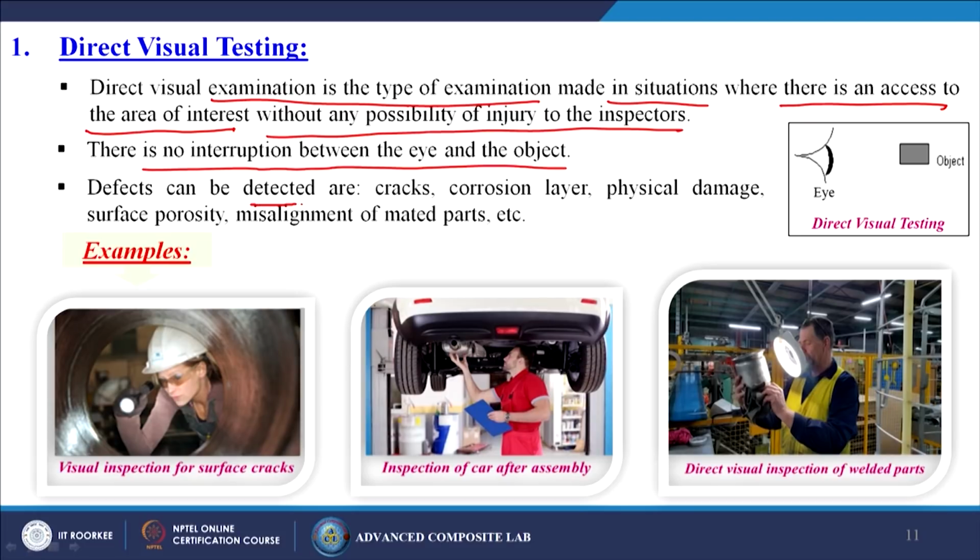Defects that can be detected are cracks, corrosion layers, physical damage, surface porosity, misalignment of mated parts, etc. So, in direct visual testing there is no barrier between the eyes and the object. These are all examples where we generally do direct visual inspection.